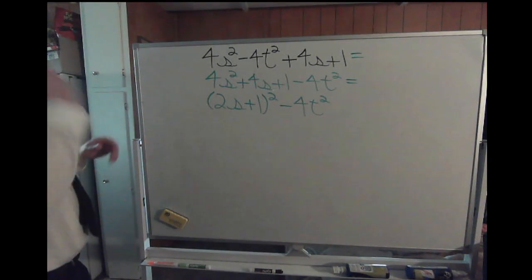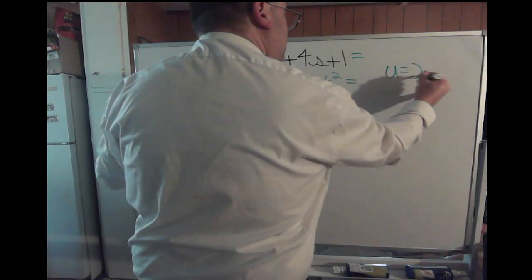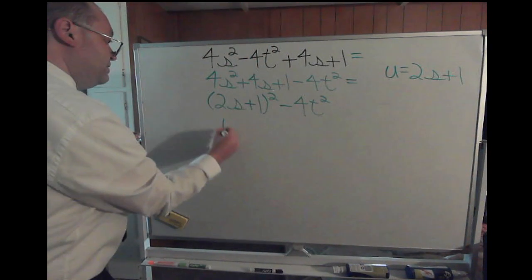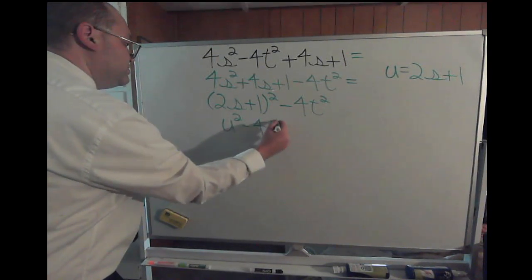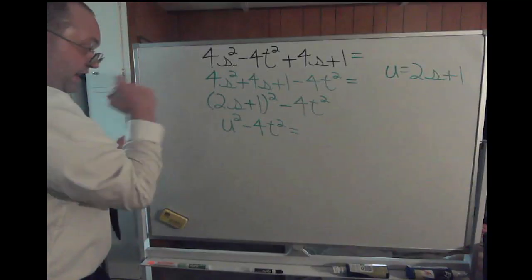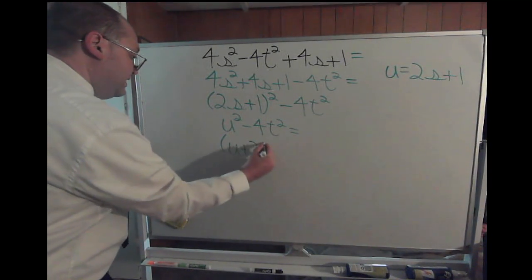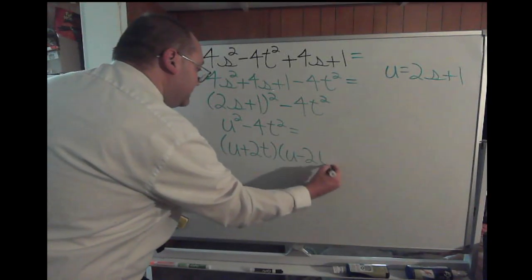Now we can do a u substitution. We'll let u equal 2s plus 1. So if u is 2s plus 1, we get u squared minus 4t squared. Factor these, you get the quantity of u plus 2t times the quantity of u minus 2t.